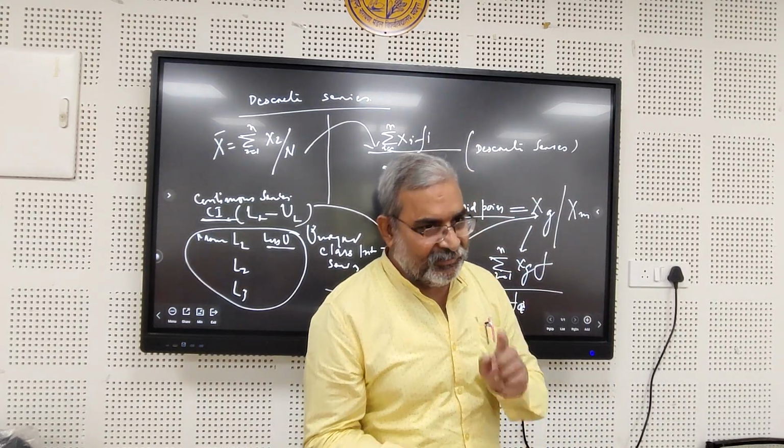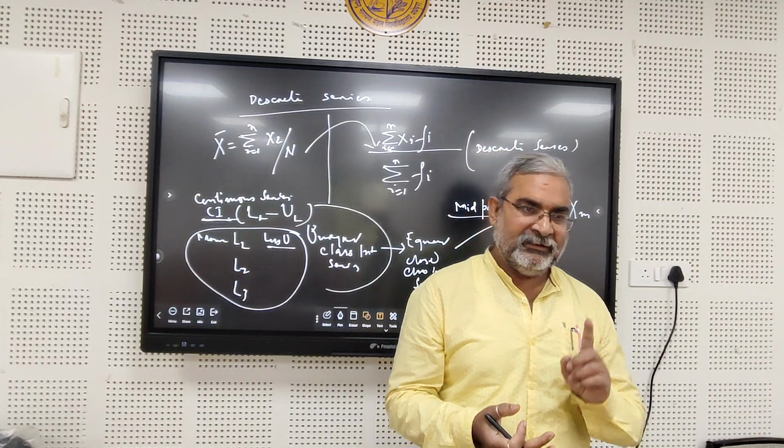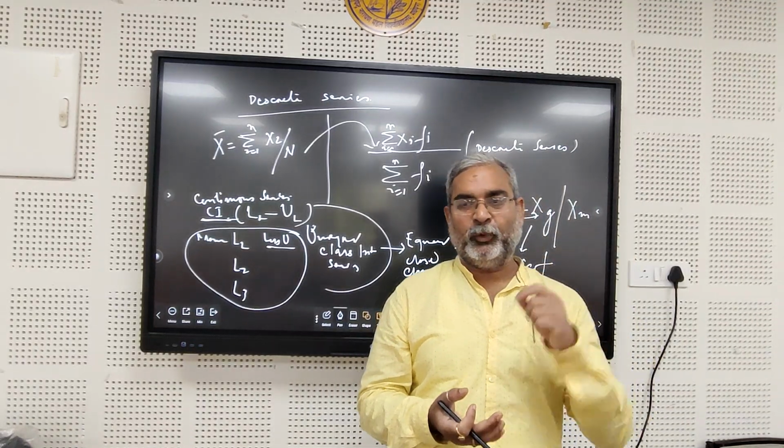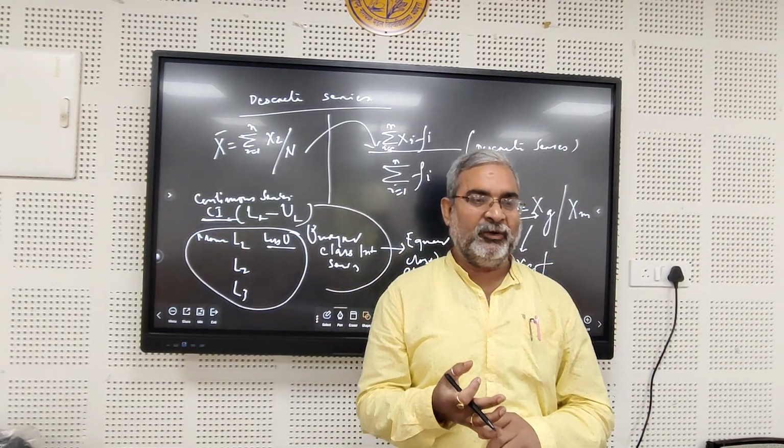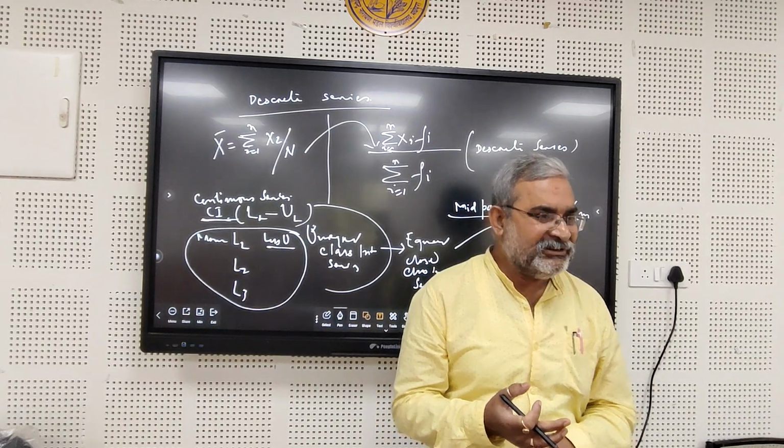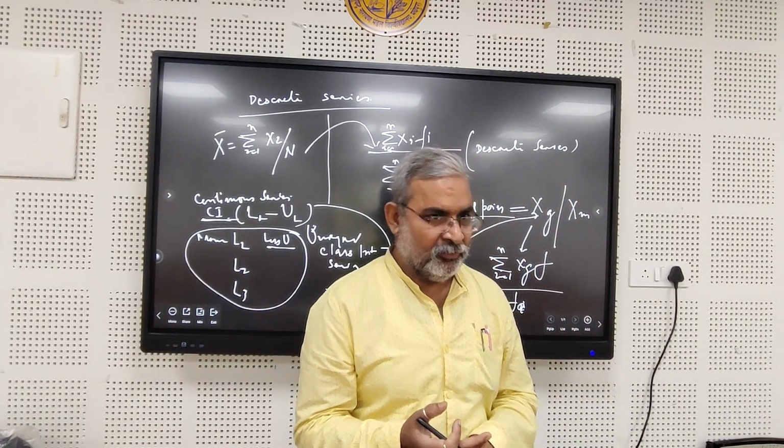ठीक है? In continuous series, the method is again extended by one point. In the first step, you calculate the xg or xm value.